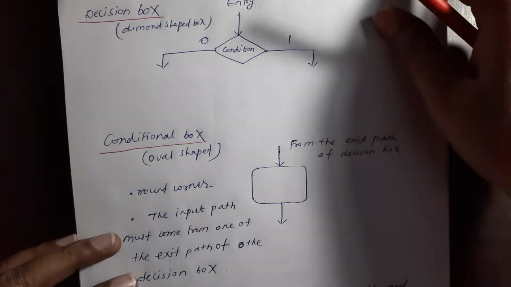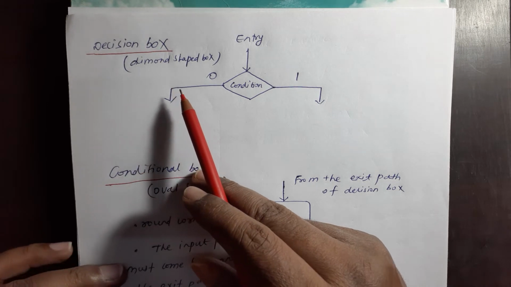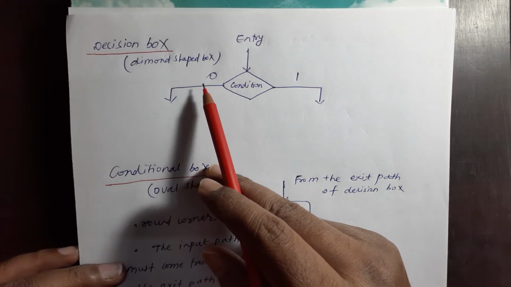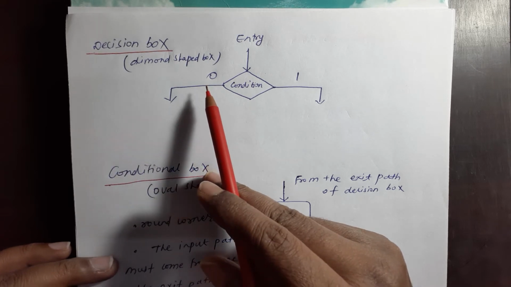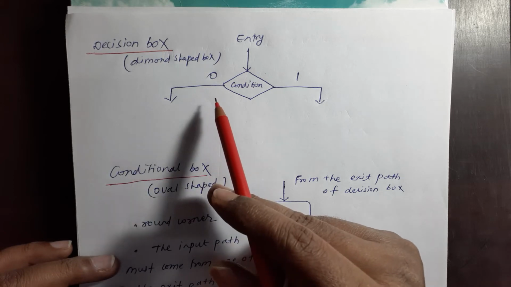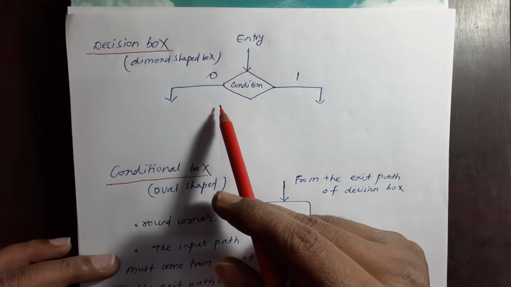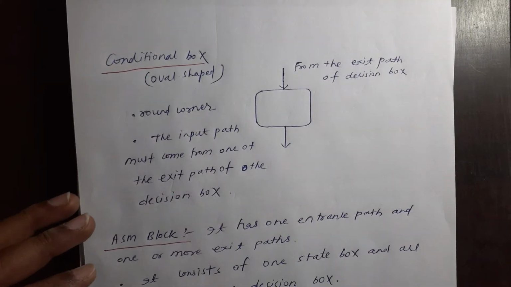Now next is the decision box of ASM. It is represented by a diamond shaped box. Basically, with the help of the decision box, a machine will check for different conditions, whatever the output may be. So this is about the decision box, and next is the conditional box.